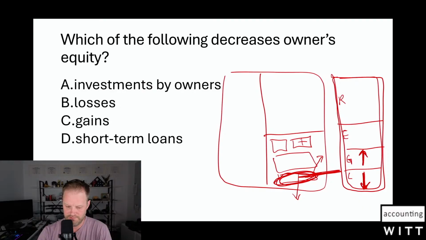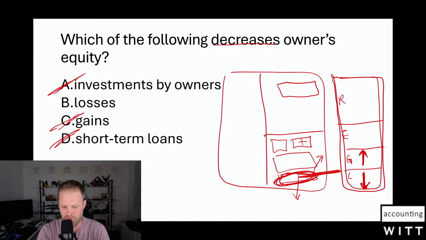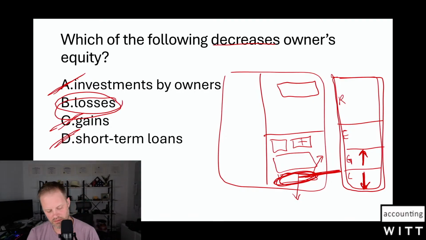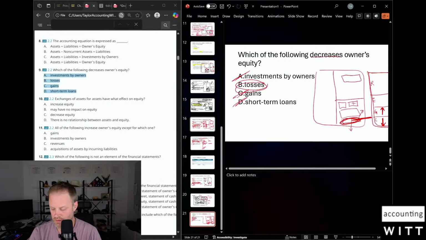Gains, make it go up. And a short-term loan is just a liability. Liabilities' existence don't make equity go down. So, decrease. Nope. Nope. Nope. Yep. All right. Next.